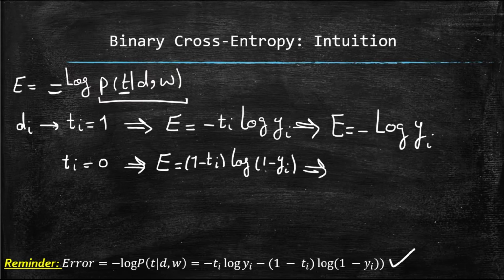And then the first term would be just 1 minus 0, so it would be just 1, so I'm not going to even write it anymore. So the error equals minus, oops, wait a second, we have a minus here. Sorry, I forgot that. So with the minus, the log of 1 minus y sub I.